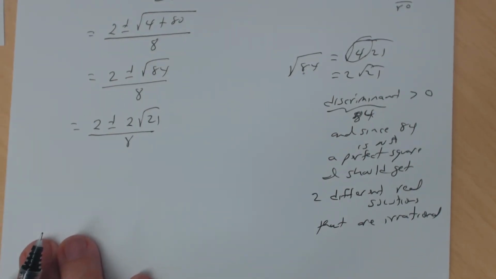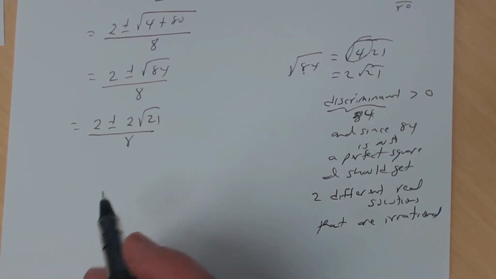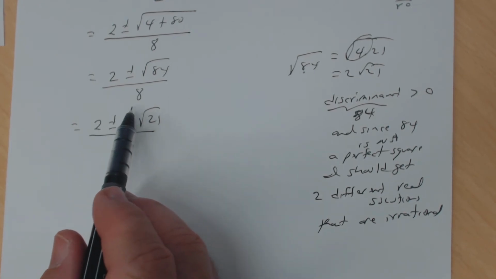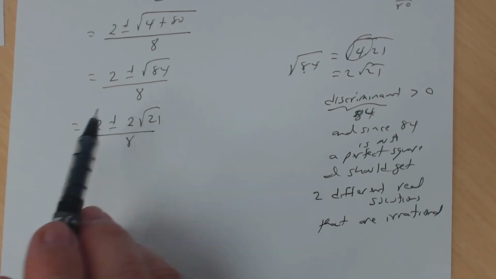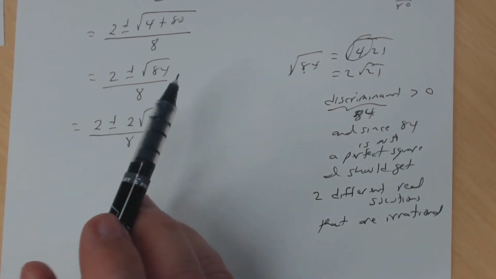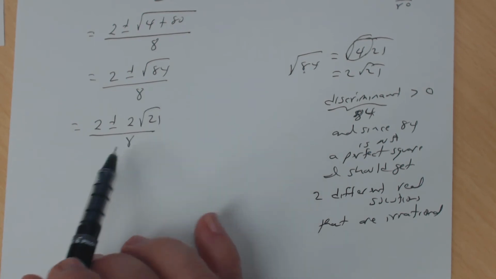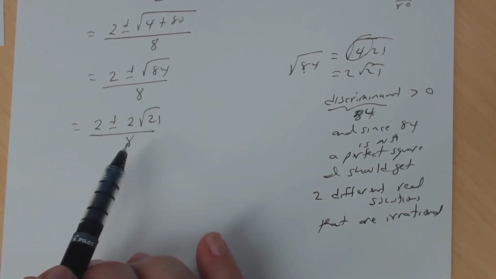Now, I want you to notice that if you left your answer like this, it's fine, but if it says to simplify, simplifying here means simplify the radical. It also means reduce if you can.